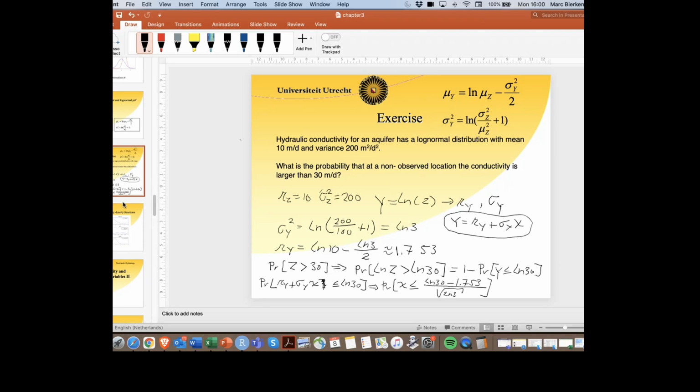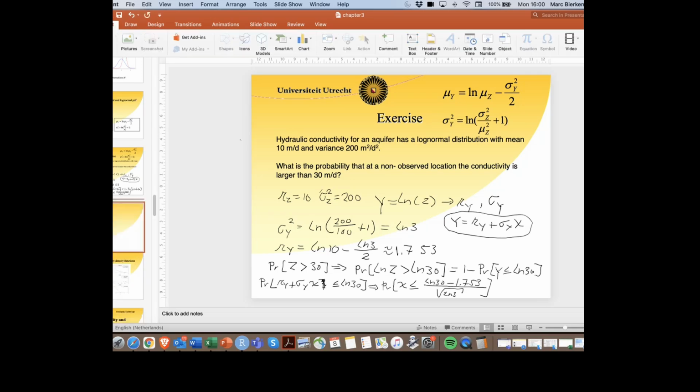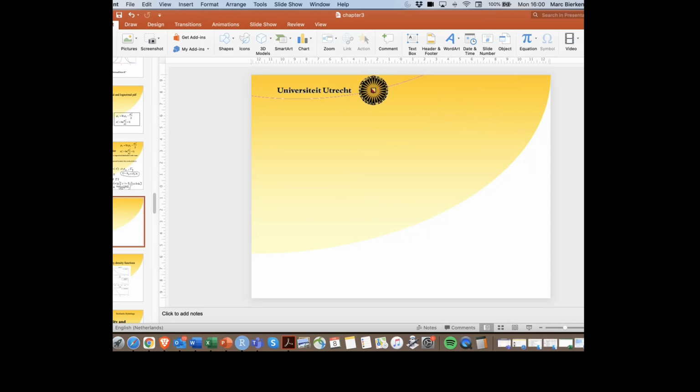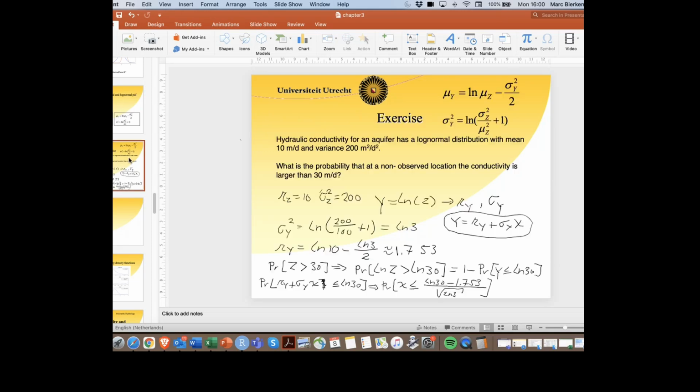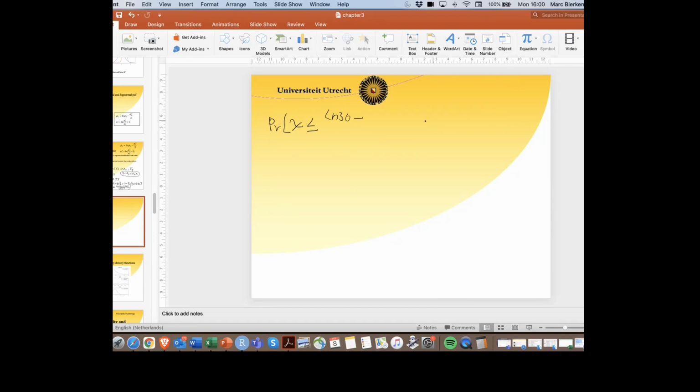So, new slide here. So we want the probability then, ln 30 minus, what was it again? 1.753 divided by the square root of ln 3 is the probability that chi is smaller equal.